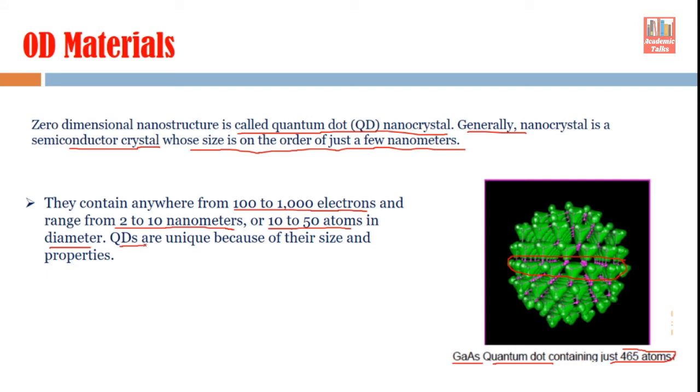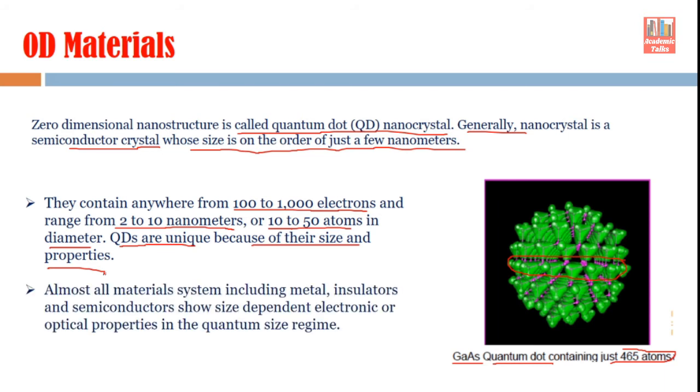Quantum dots are unique. Why? Because of their size and properties, right. The size is very small, and because of this small size, wave nature exists there, and that gives a new kind of properties which are normally not present in their bulk form. Now, almost all material systems, including metals, insulators, and semiconductors, show size dependent electronic and optical properties in the quantum size regime, right.